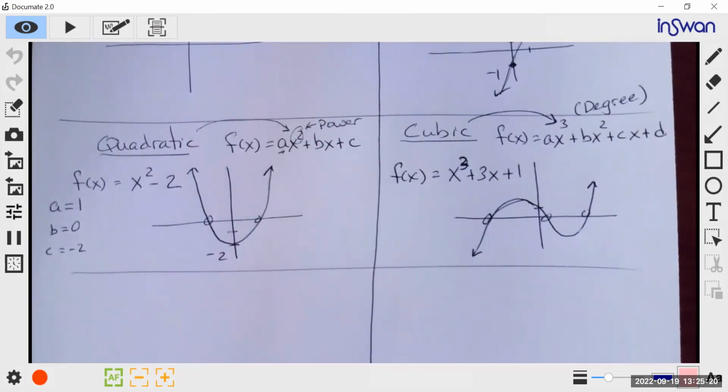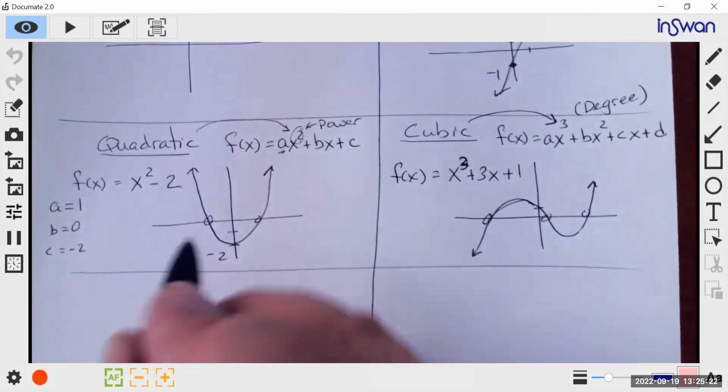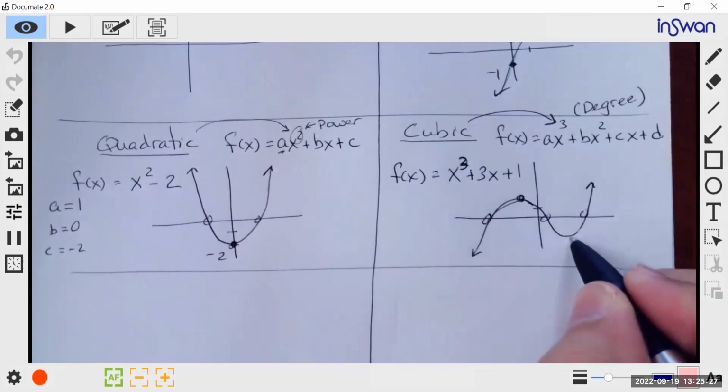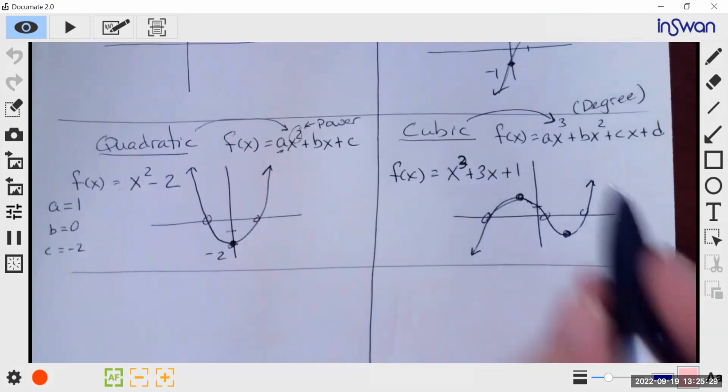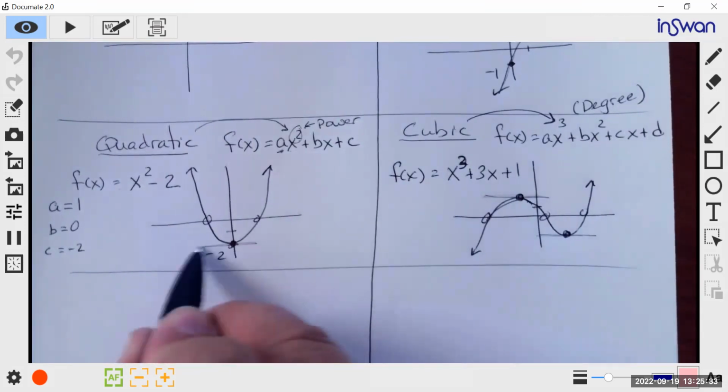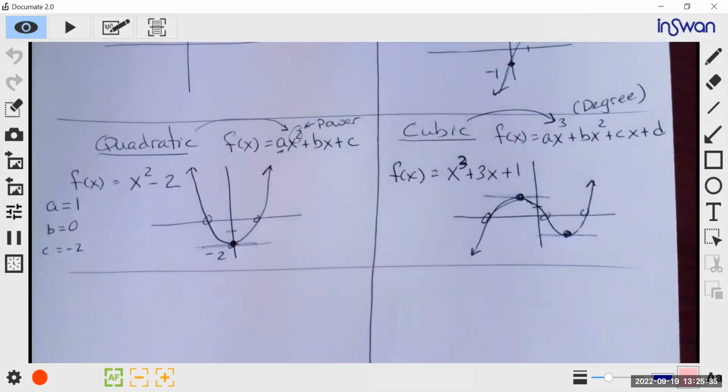Remember what a vertex is? The vertex is the lowest or highest point on a curve. It's where the slope is 0. The vertex is the point where it changes from going up to going down, or from going down to going up.